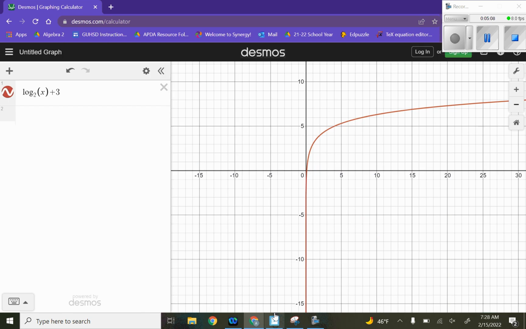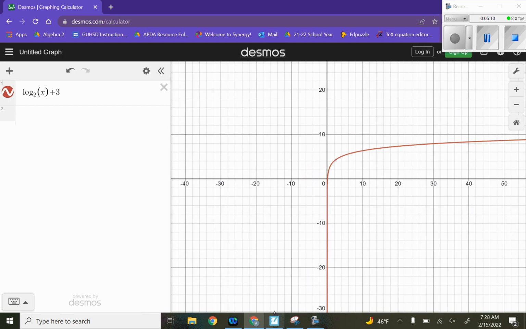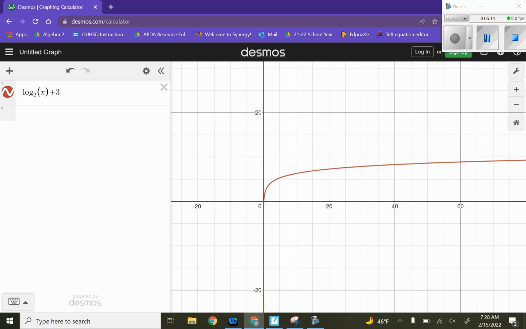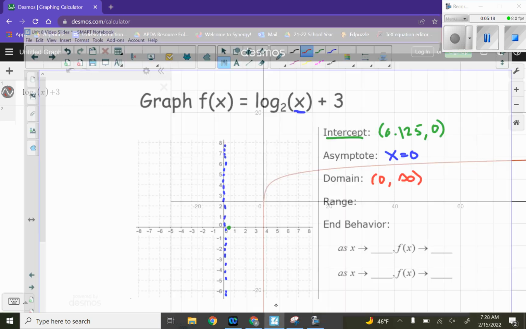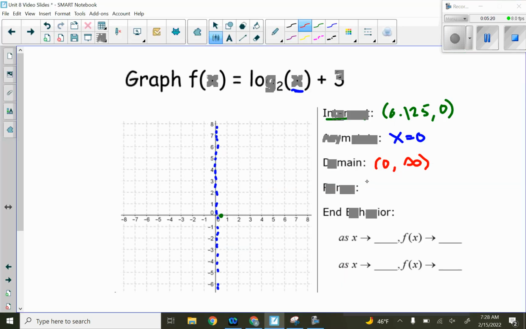Our range, this graph is going down forever, and it's also slowly going up and up and up. So our range is negative infinity to positive infinity. So we're going down, getting really close to that asymptote forever, and then going up.